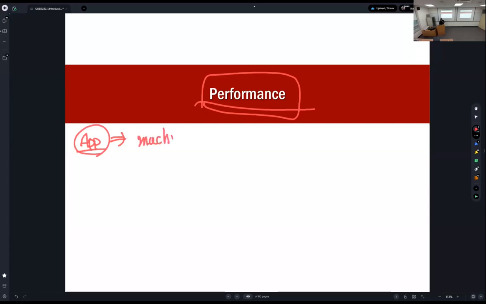One line of machine code is mapped to one instruction. What is an instruction? Such as add, sum, multiply, and load.